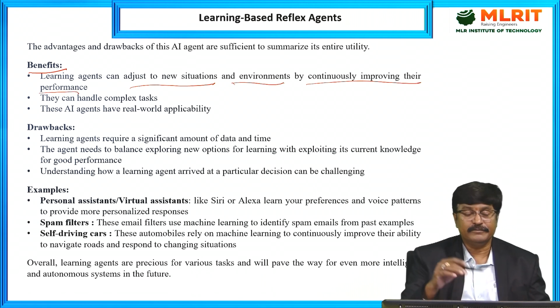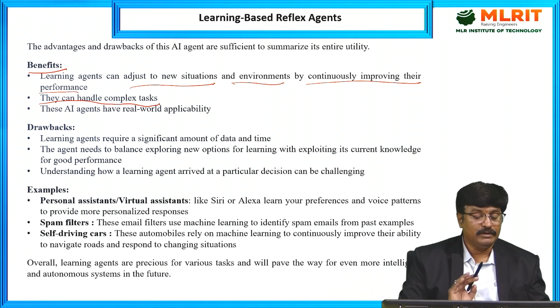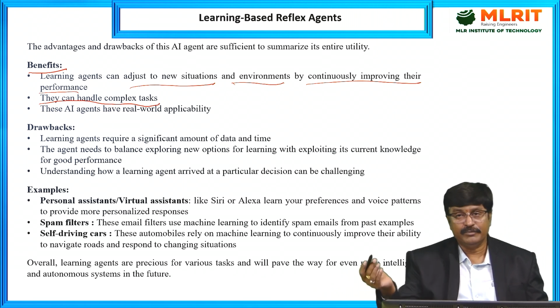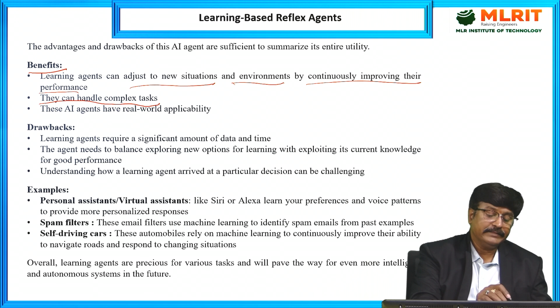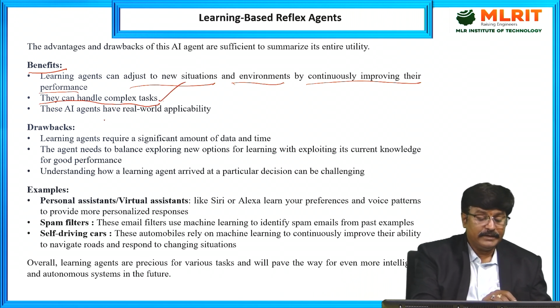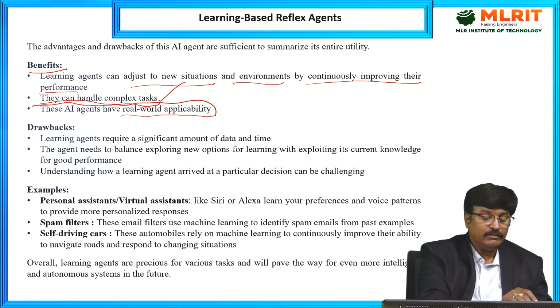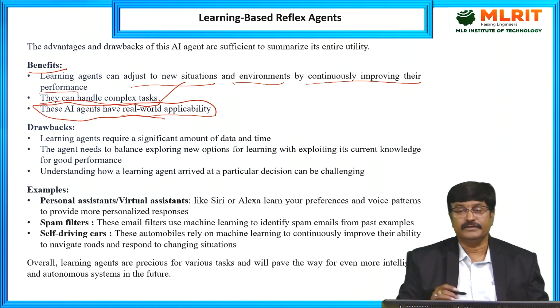They adapt dynamically to new environments and new situations. They can handle complex tasks also, because they are learning and improving their knowledge. These AI agents have real-world applicability, because they give real-world solutions.